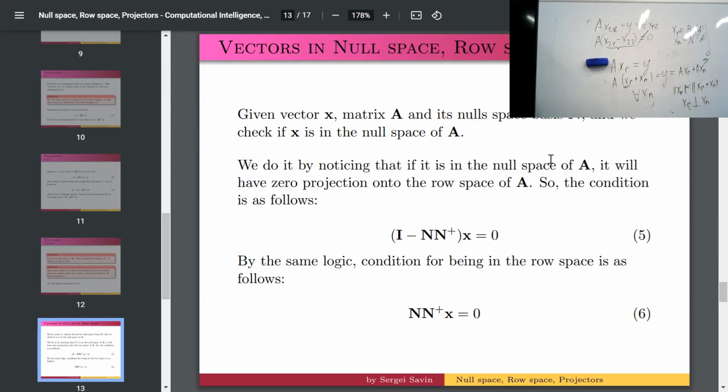Can someone tell me a different way, simpler computationally, to check the same thing? How to check that the vector is in the null space more easily than expression number 5? Come on, the obvious question.